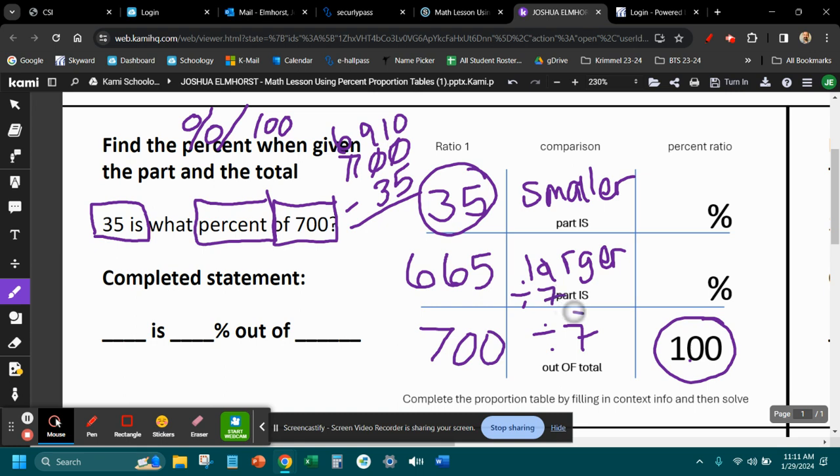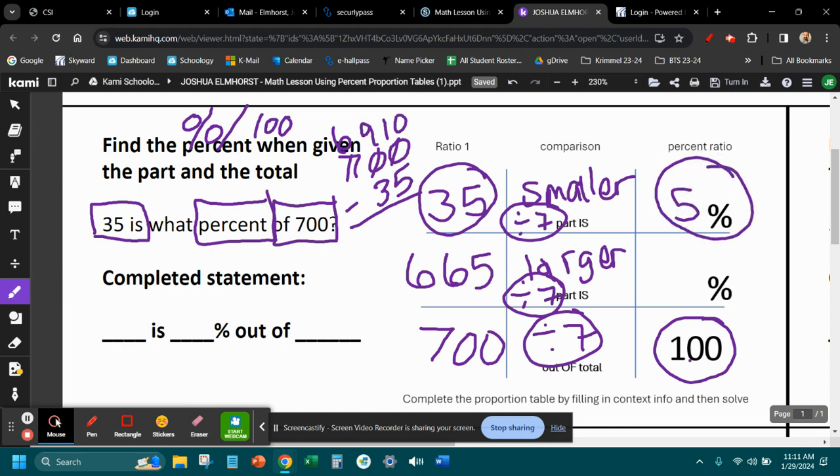Divide by 7. So the smaller part, 35 divided by 7, is going to give us what percent? 5%.